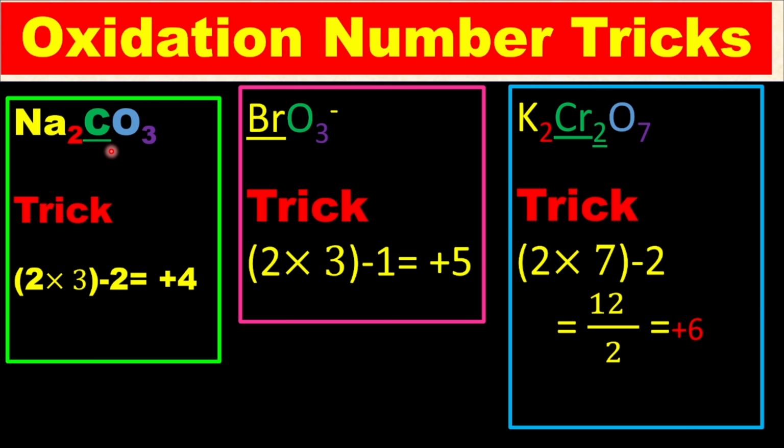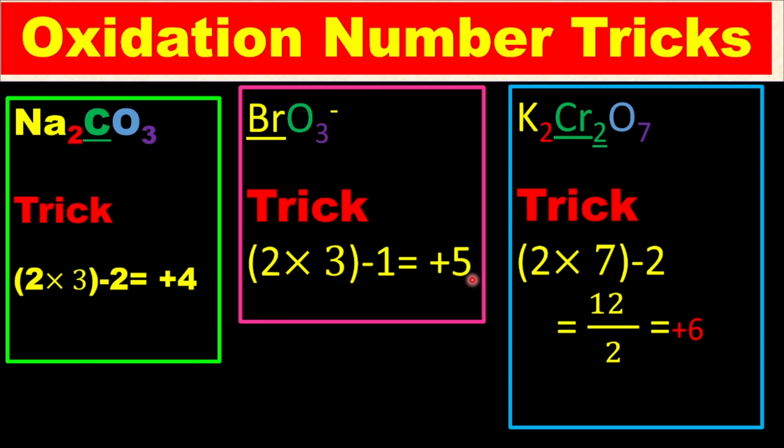CO3, we know it is a radical, CO3, I hope you remember. So the charge for CO3 is minus 2. That is why there's 2 here. There's no number attached to this radical. It tells you that sodium is having a charge of 1. So once again, 2 times 3 minus 2 will give you plus 4.